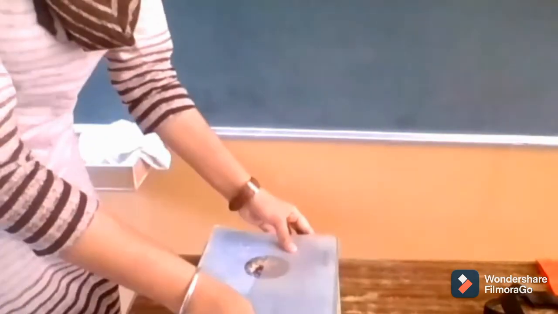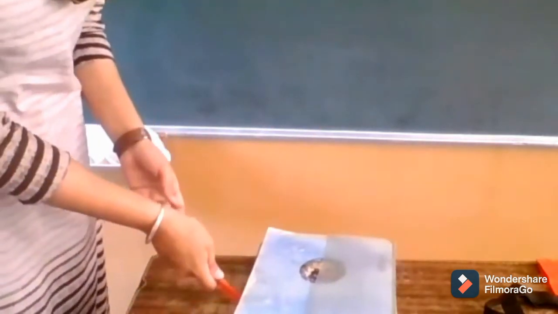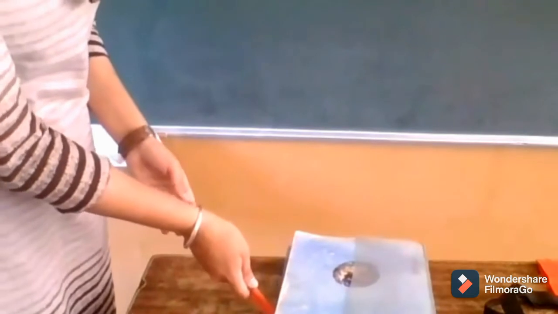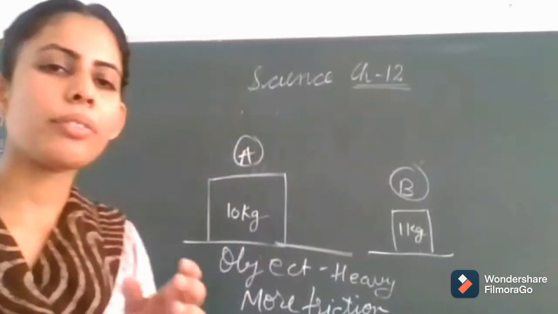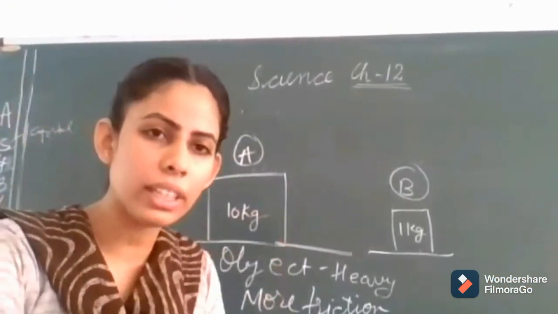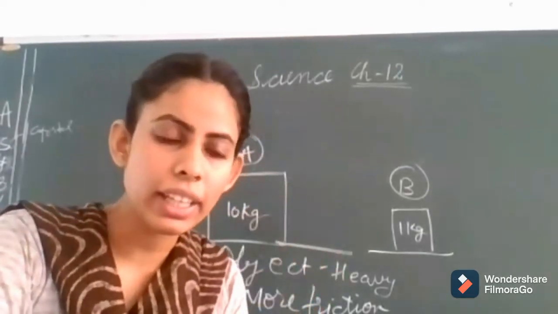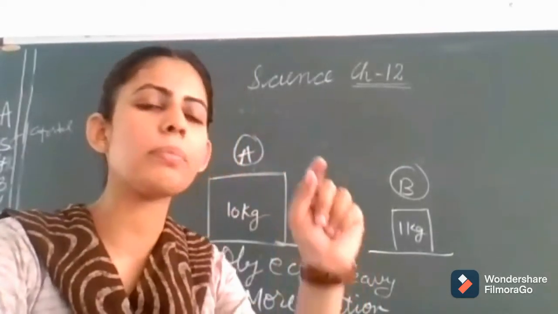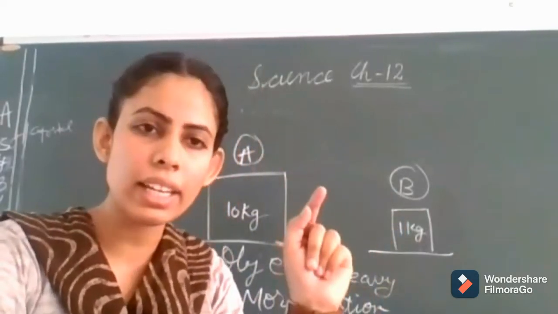If I add more books in a stack, then I have to apply more force because there will be more friction. Clear? So students, from these activities you have seen that the factors that affect friction are the nature, that is whether a material is rough or smooth, and the second is the mass.